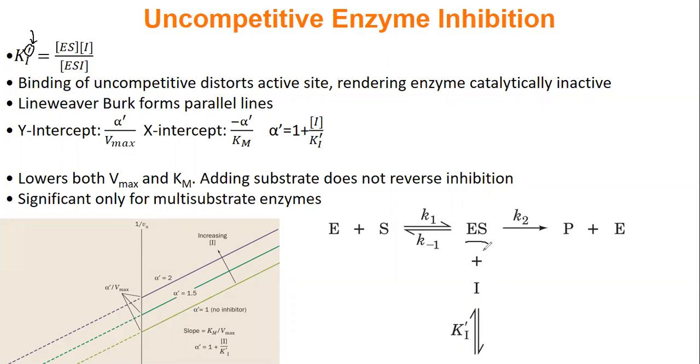So what does this do to Vmax and Km? Both Vmax and Km will decrease, because basically what's going on is this lowers the amount of enzyme. And so the maximum velocity will decrease, but the Km will also decrease.